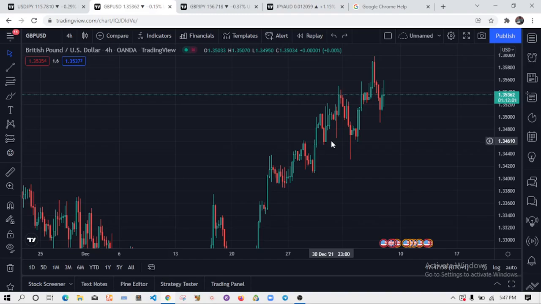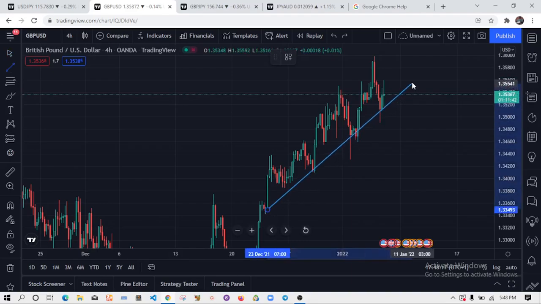So if you are using 5 minutes or 15 minutes to enter, you should go up to 1 hour or 4 hours to check your trend. We are on the 4 hours time frame and we are seeing that this is a clear uptrend, right? If we pick our trend line and draw, you can see that this is a clear uptrend, guys.